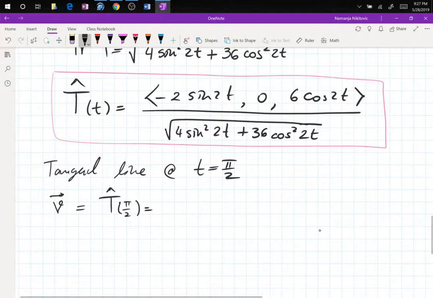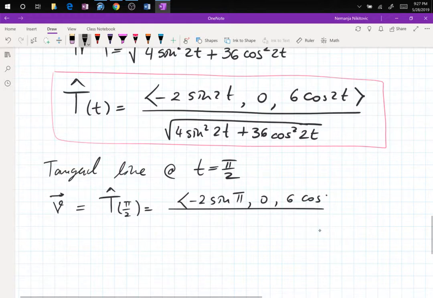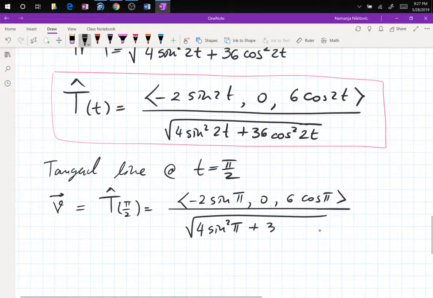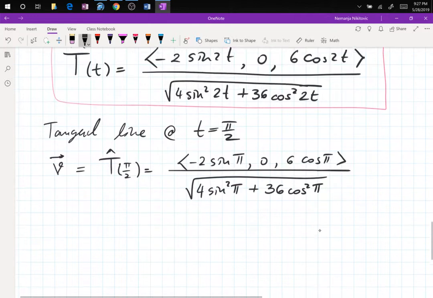So that's going to be negative 2 sine of pi, 0, 6 cosine pi, divided by the square root of 4 sine squared pi plus 36 cosine squared pi.